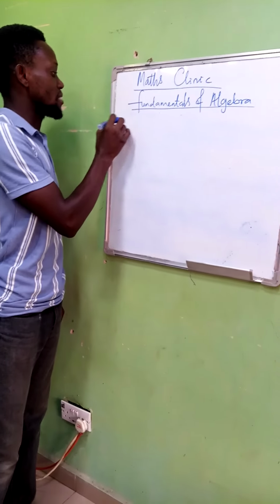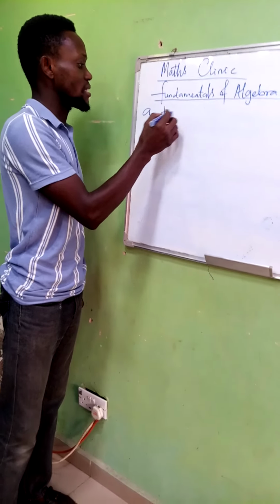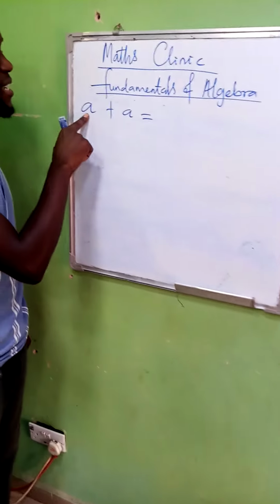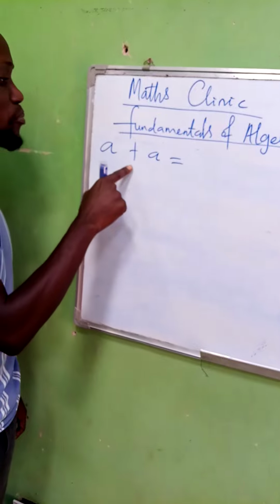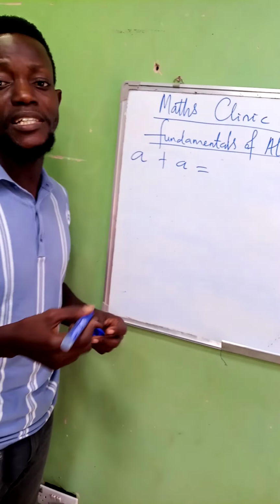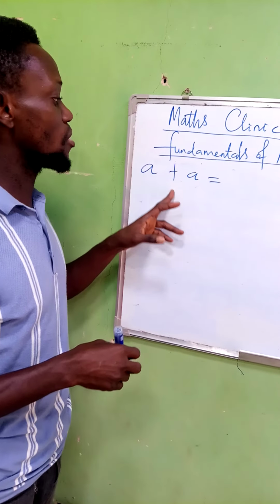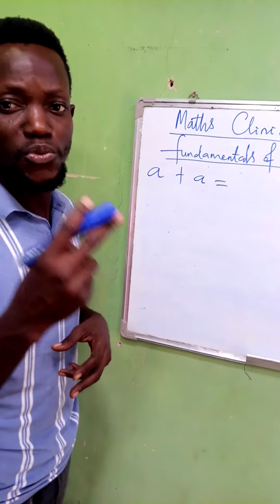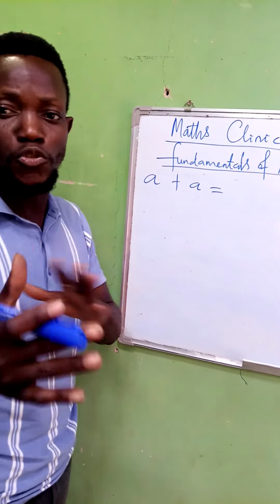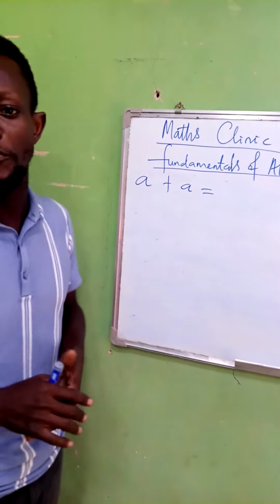For example, where we have the fundamentals of algebra, where we have a plus another a, this is one a, this is another a. Now it's like saying 1 plus 1, which should give you 2. But in this case, a plus a will give you 2a, that is a in 2 places, which is what we have here, 1 plus 1 giving you 2.